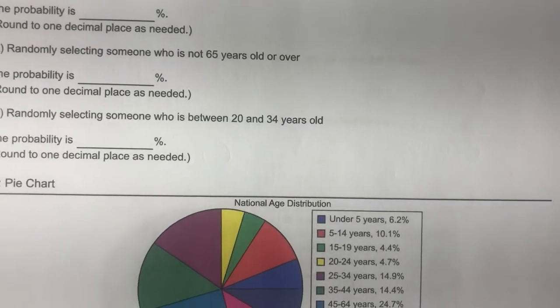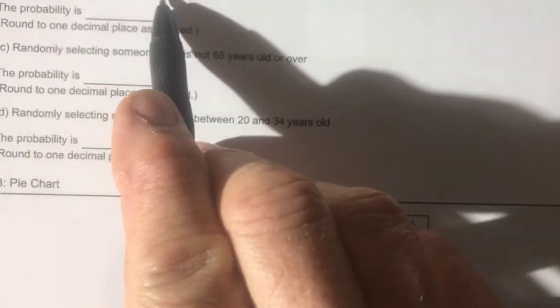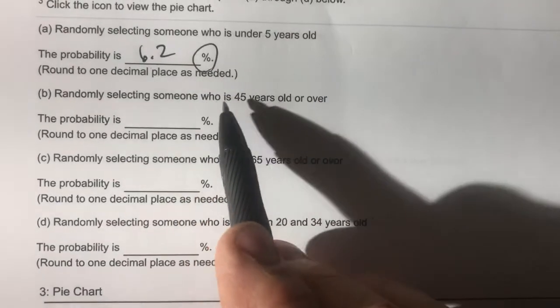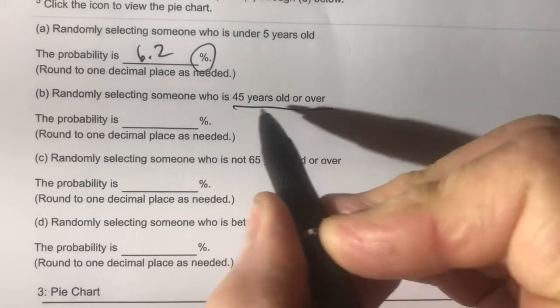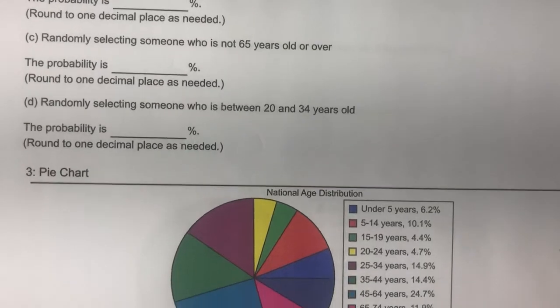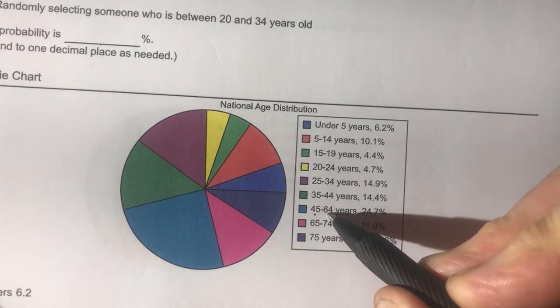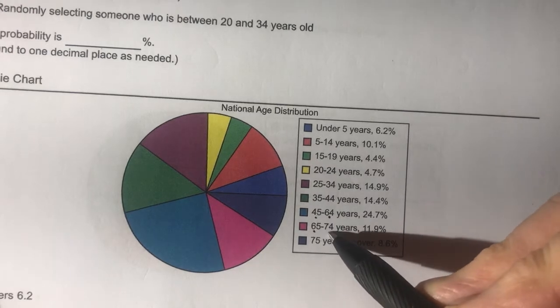This one says randomly selecting someone who's 45 years old or over. So 45 to 64, 65 to 74, and so on.